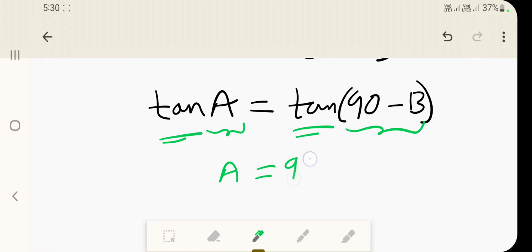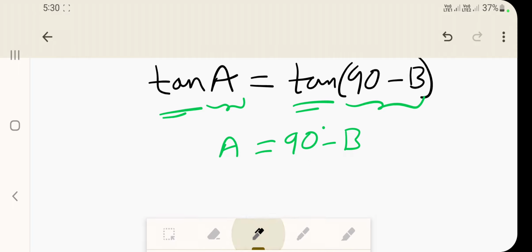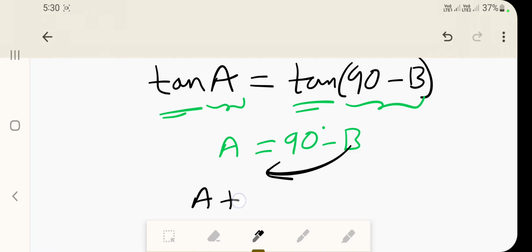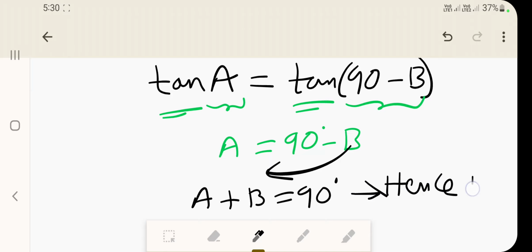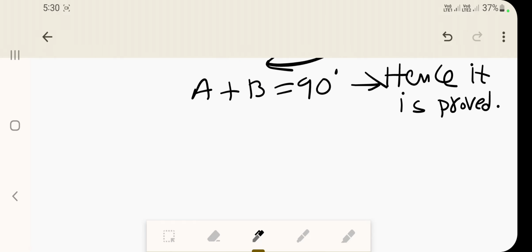A is equal to 90 minus B. If you bring this B to the left hand side, this minus B becomes plus. So we get A plus B is equal to 90 degrees. Hence it is proved. What they have asked is show that A plus B equal to 90 degrees.